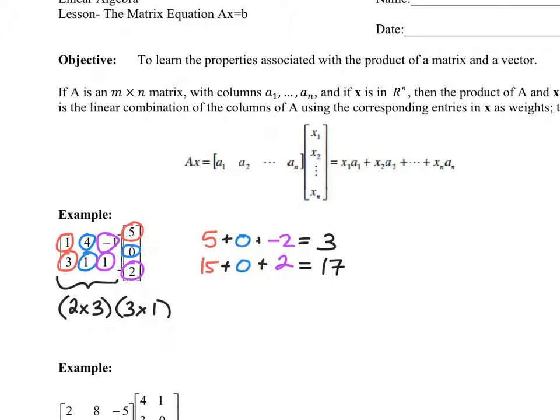So 2 gives a 3, 3 gives a 1, so therefore 2 gives a 1. It's a hand-wavy way of explaining it, but that's how it would work. So our final matrix should be a 2 by 1 matrix, so 2 rows, 1 column. So our product is going to be 3, 17. So column vector 3, 17.